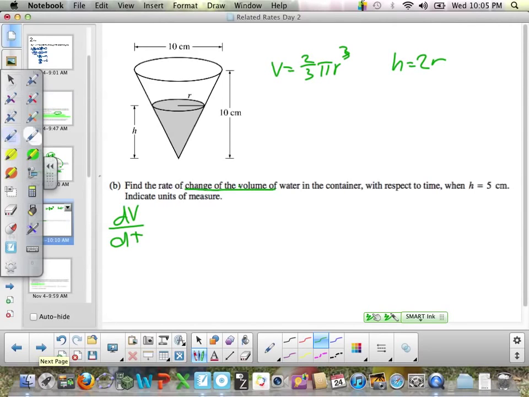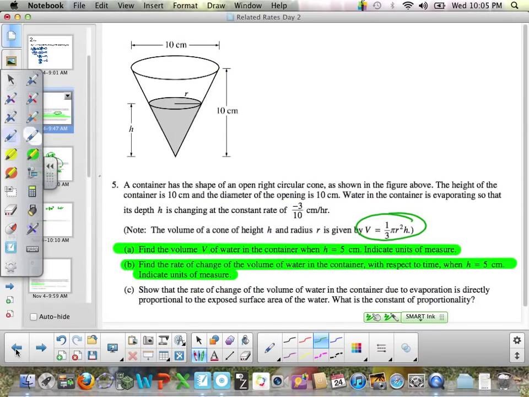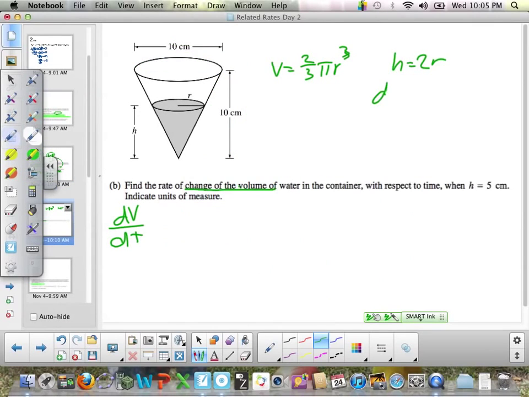Indicate units of measure. Now I think they told us, yep, depth is changing at a constant rate of -0.3 centimeters per hour. So that's dh dt. dh dt equals -0.3 centimeters per hour.